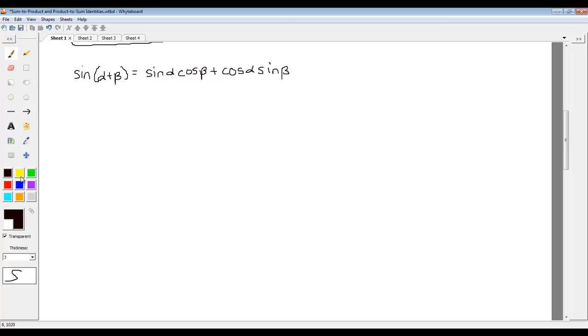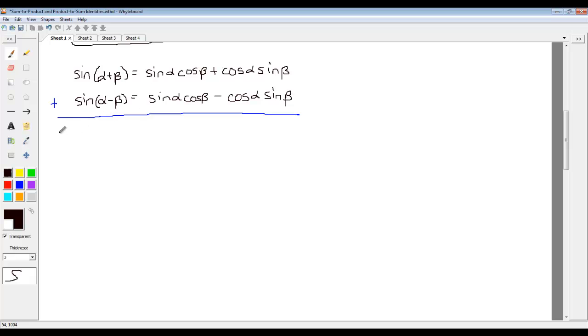And let's say we add that with sine of alpha minus beta equals sine alpha cosine beta minus cosine alpha sine beta. So then you got sine of alpha plus beta plus sine of alpha minus beta equals, you end up with 2 sine alpha cosine beta.